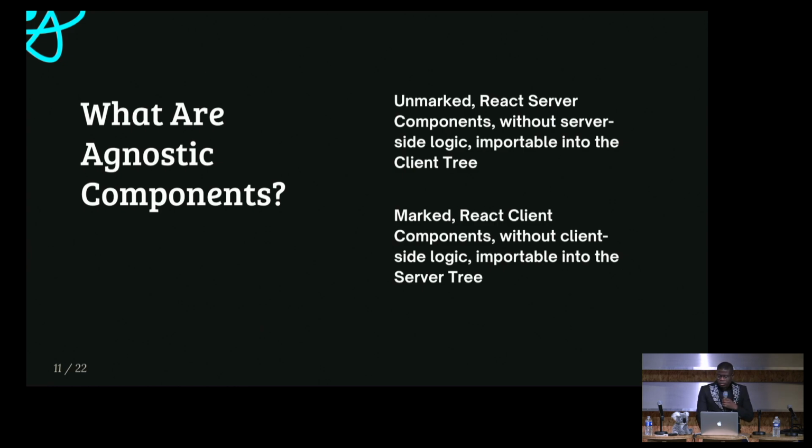This category also applies to all React client components exported from modules devoid of client-side logic that are mapped with the use client directive, making these RCCs come without client-side logic themselves. React recognizes that their lack of client logic makes them exempt from adoration and can therefore import these components safely into the server tree.